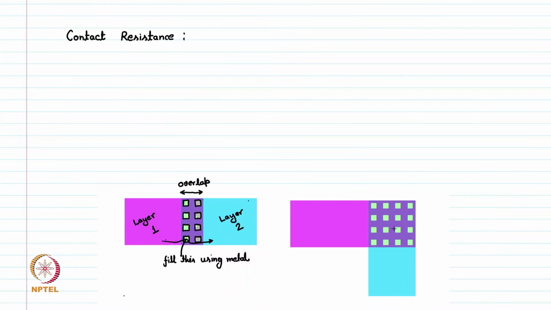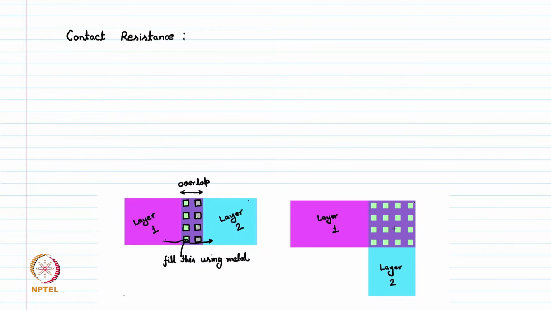That's why we have made 8 vias and they are all in parallel, so that the resistance is less. However, if 8 is not sufficient, for example, on the right hand side, this is layer 1 and this is layer 2.